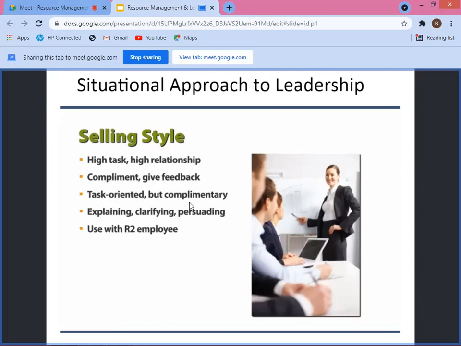Task-oriented but complimentary. He can do anything, but still with guidance and assistance. Explaining, clarifying, persuading. You have to sell the procedure and your ideas, and use it with R2 employees.